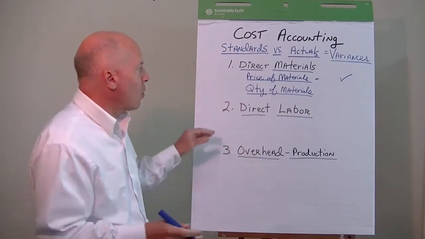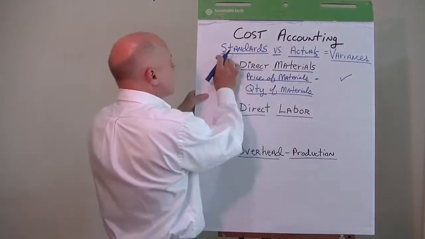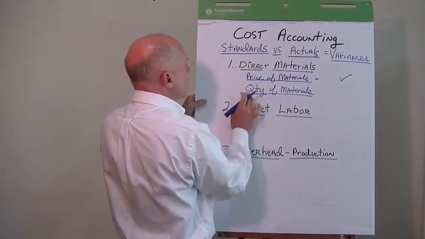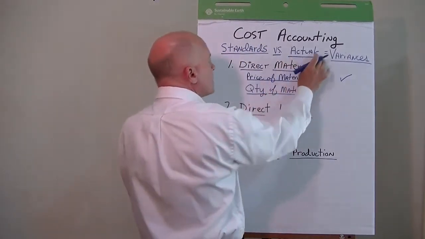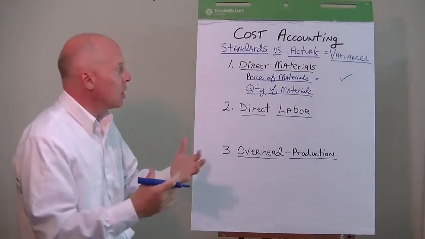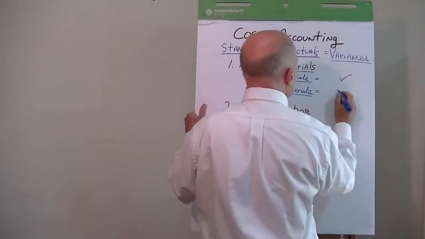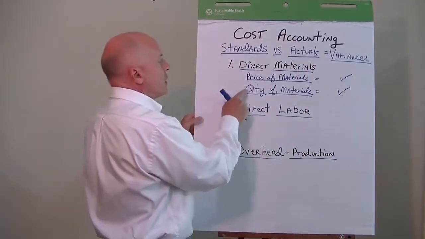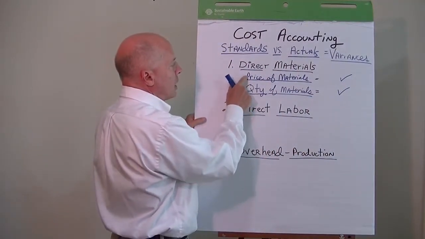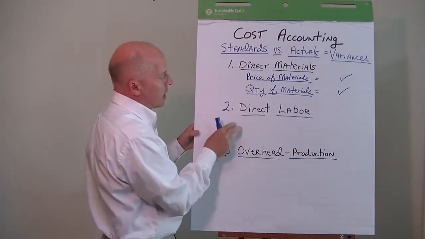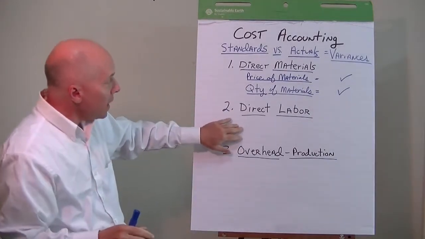So we'll compare the quantity. We know exactly what we should be using, the standard quantity, and we'll compare it to what was actually used in the production process. That will give rise to a variance where we compare quantity, price. Likewise, we're going to do the same thing under direct labor.